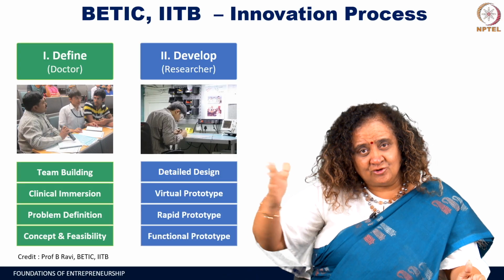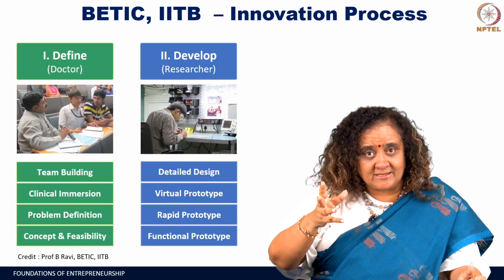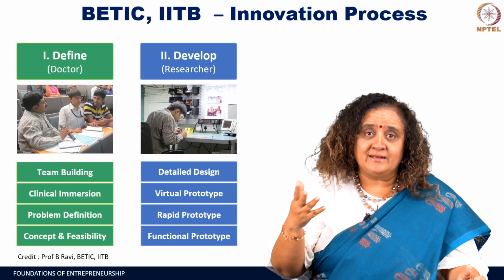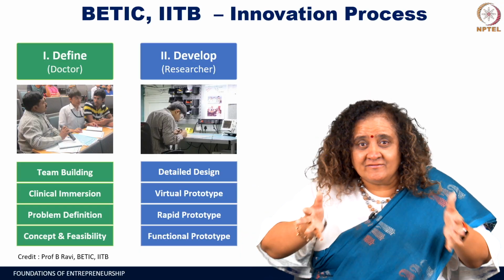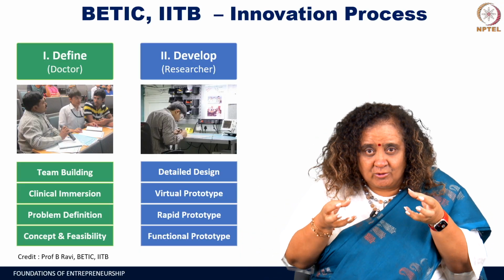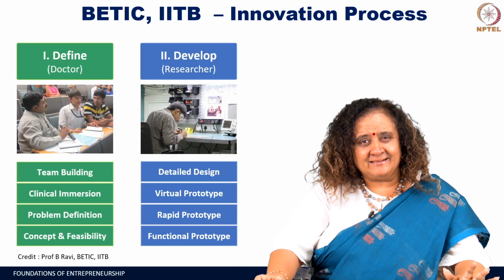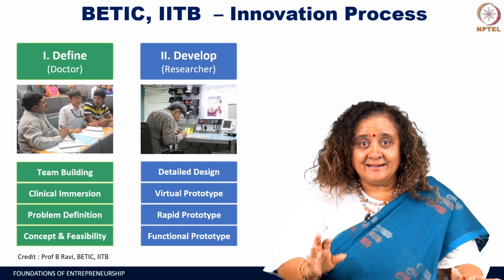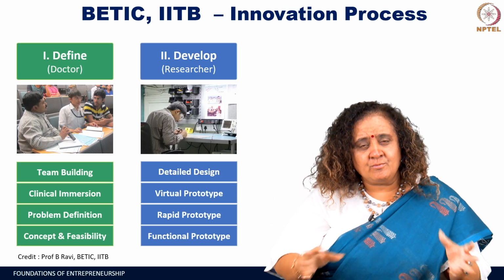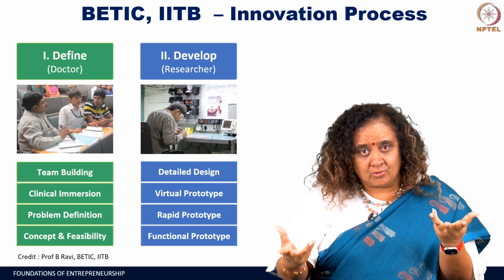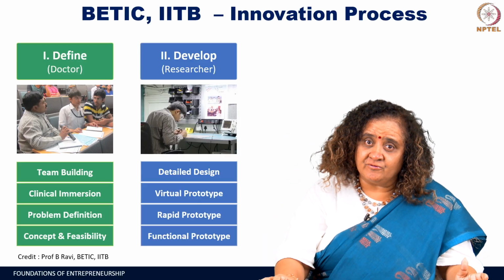So, the 3-4 stages, which is thinking of a POC, a proof of concept, how can we demonstrate that this problem can indeed be solved, even if the proof of concept does not look anything like the final product, but it is a demonstration that technically it is feasible. We then build a virtual prototype, which typically is a design or a drawing, like I explained to you in the steps of design.